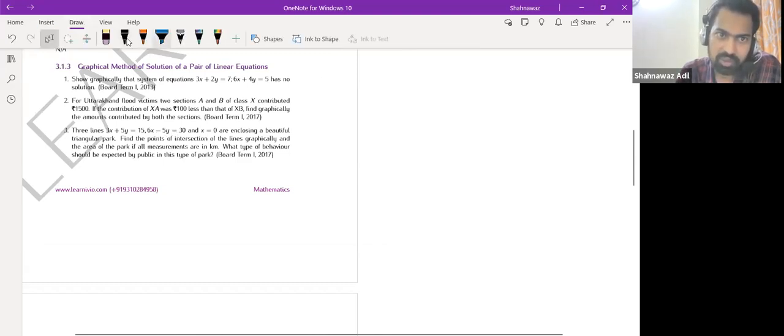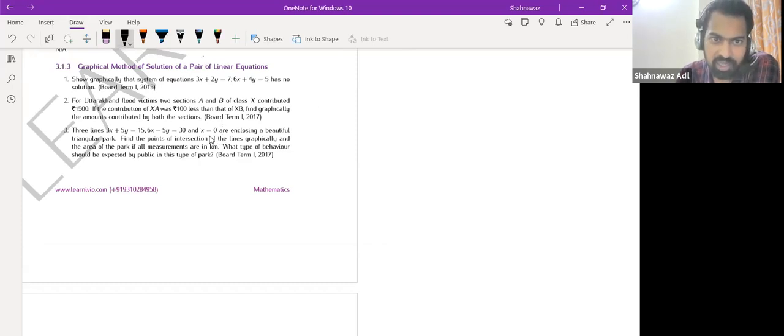So no need to do the same question, but the important point is that the third line is x equals to 0. So what is the x equals to 0 line? We have two lines. So what is the x equals to 0 line? The x-axis, right? At the x-axis, do you have x equal to 0?